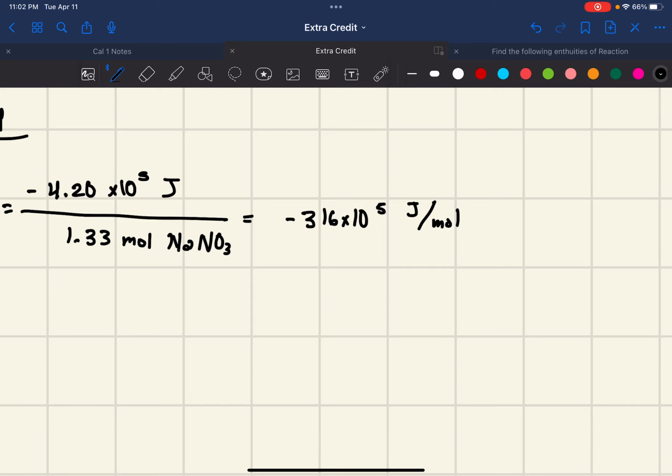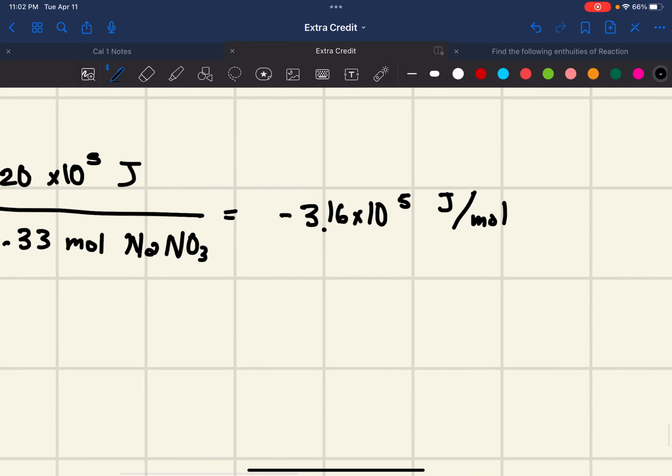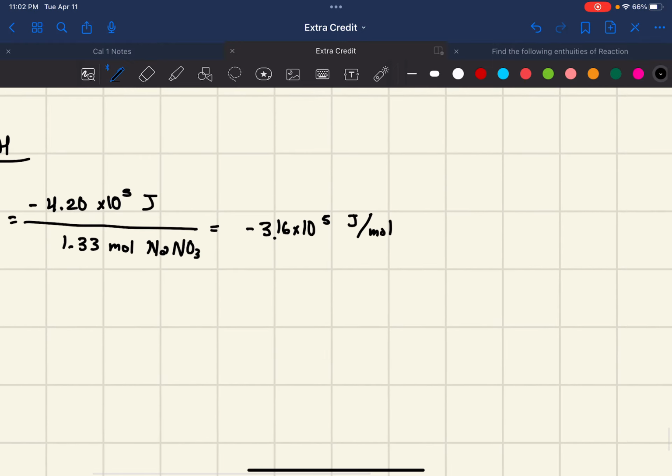So as we move along with this, sorry, I meant to put the decimal: negative 3.16 times 10 to the 5th joules per mole. We want this in kilojoules, and the conversion factor is 1 kilojoule equals 1,000 joules.